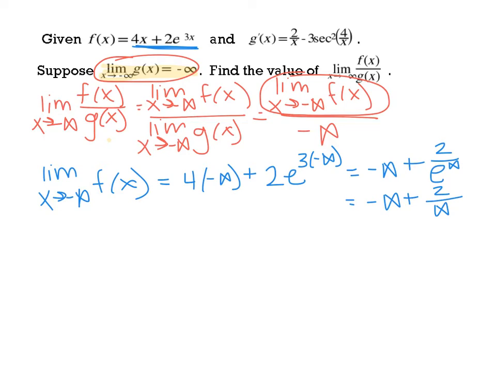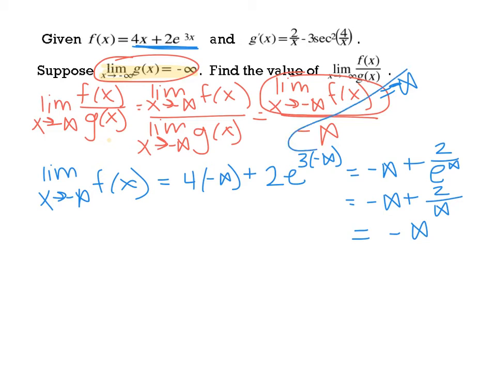So now we have negative infinity plus 2 over infinity. If you think way back to those shortcuts we learned, I think in chapter 3, any constant over infinity is going to equal 0. So this whole thing is negative infinity, and the limit as x goes to negative infinity of f of x is also negative infinity.